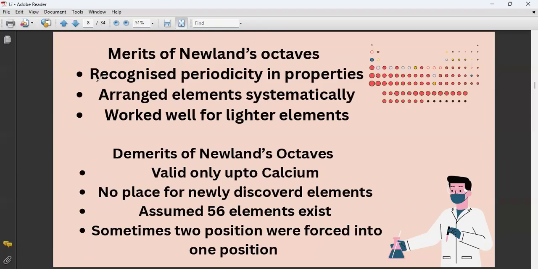Now the merits of Newlands' octaves: he recognized periodicity in the properties.